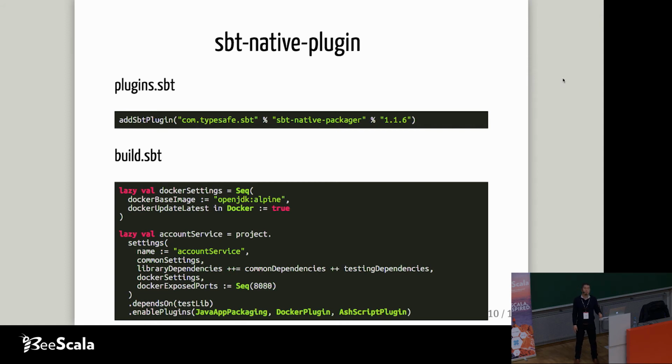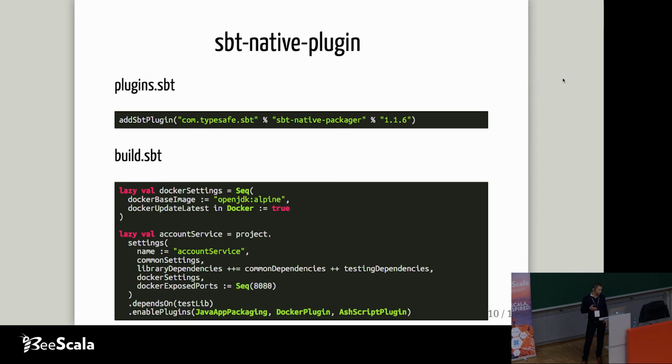There's one plugin for SBT. It's called SBT Native plugin, which has different features. Like you can pack your application if you want in a Debian package or in an RPM package if you need, and eventually in a Docker container, in a Docker image.